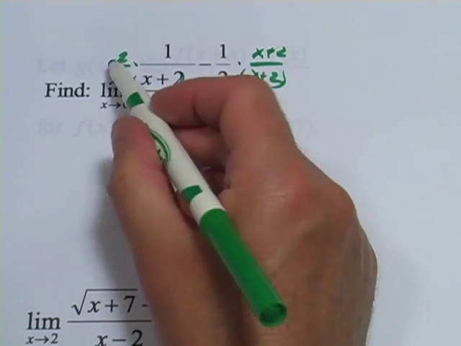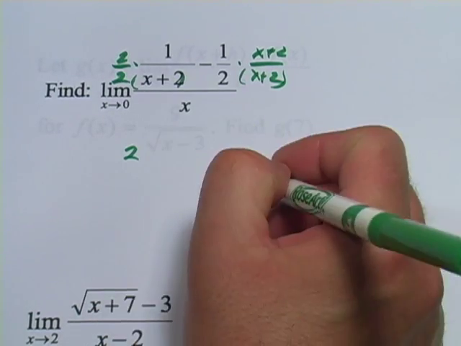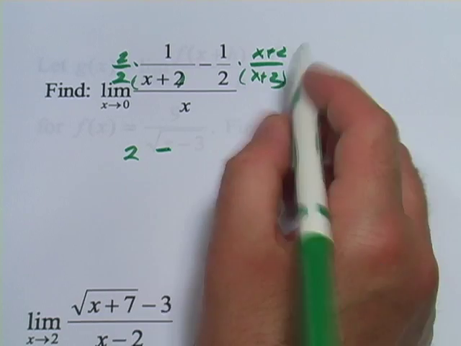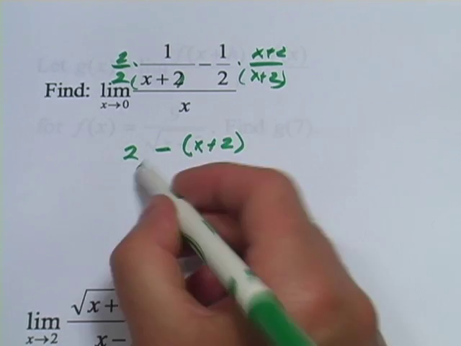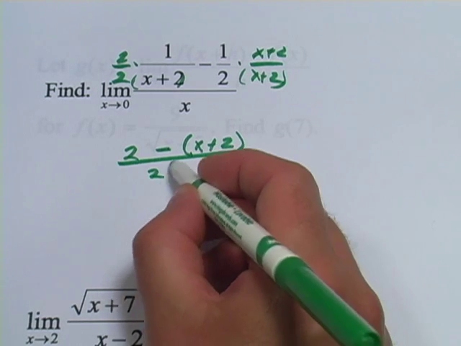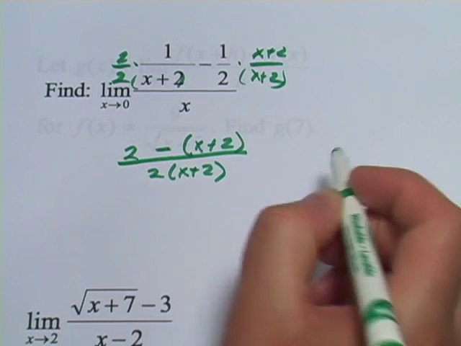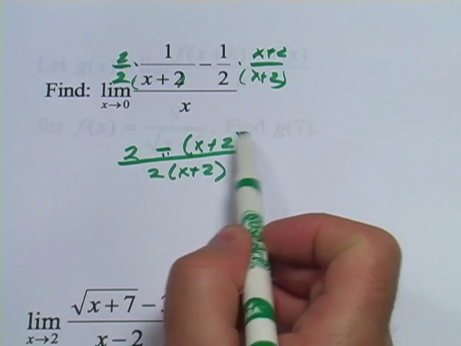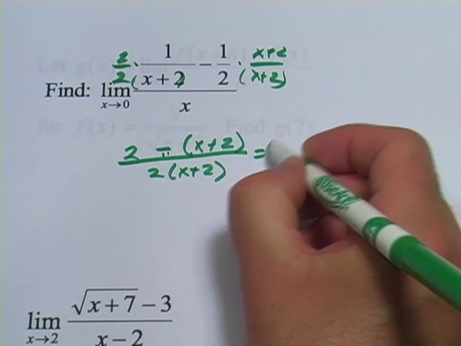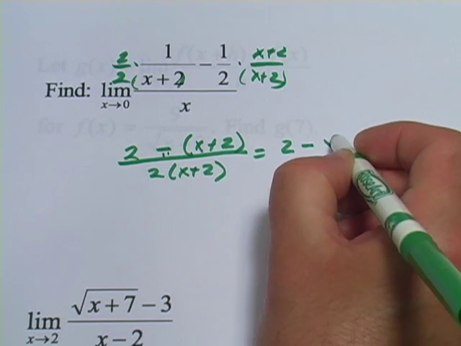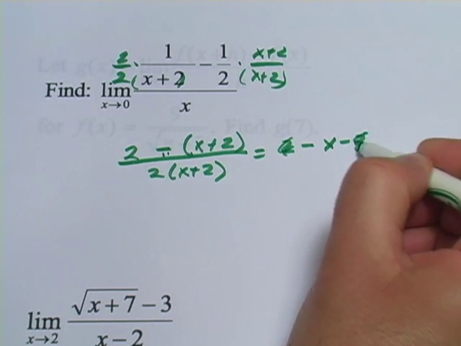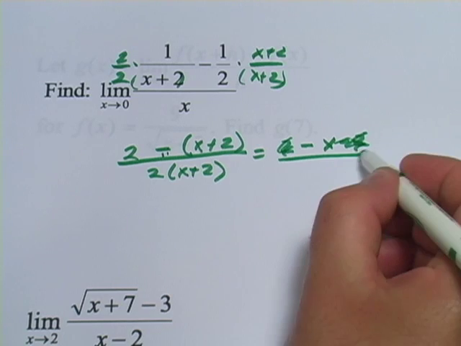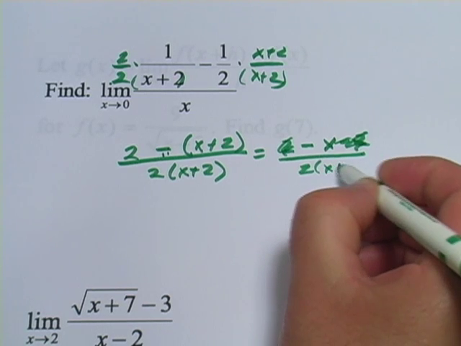What I get when I do that, 2 times 1 on the top of this one is 2, and then I've got my minus sign, and we've got x plus 2, and then our common denominator now is 2 times x plus 2. When I distribute this negative sign, I get 2 minus x minus 2, and these 2's go away. So I just get a minus x over my 2 times x plus 2.